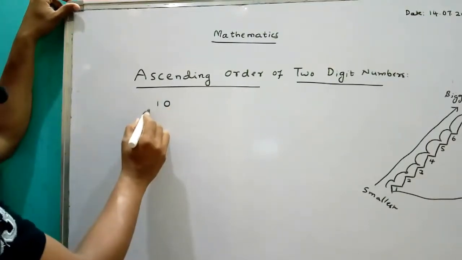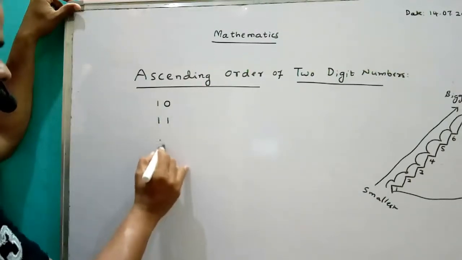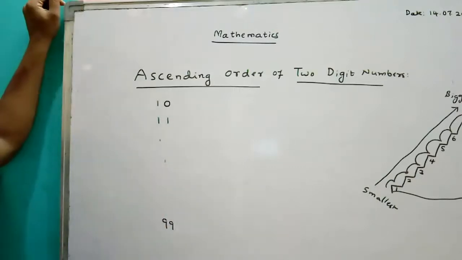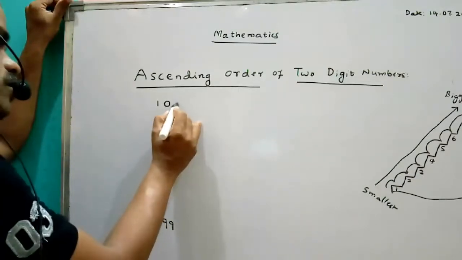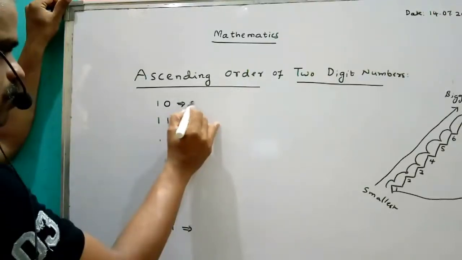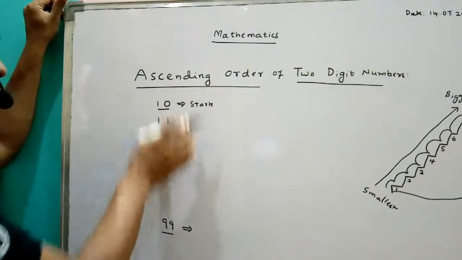Up to 9 it is 1 digit number. See, 10, 11. Like that we can write 99. The 2 digit number starts from 10, ends with 99. These are the 2 digit numbers.